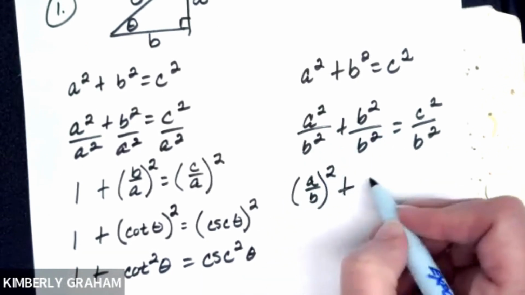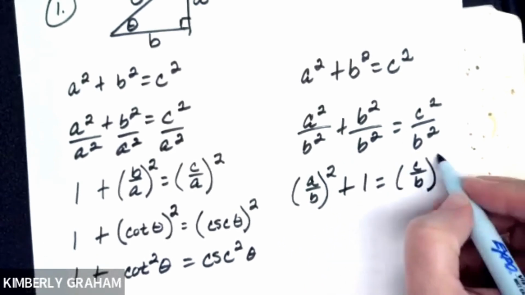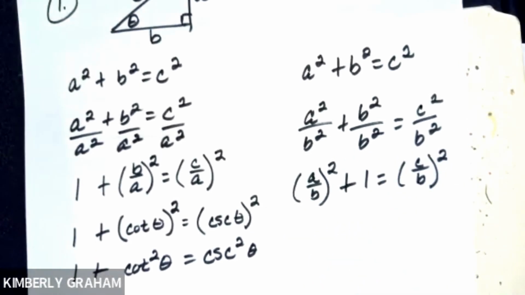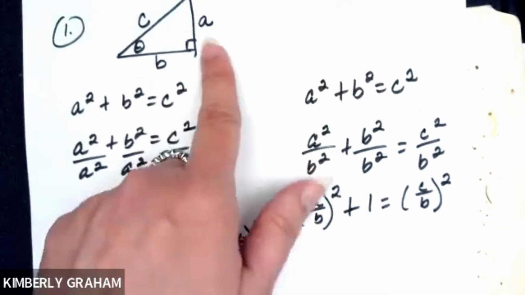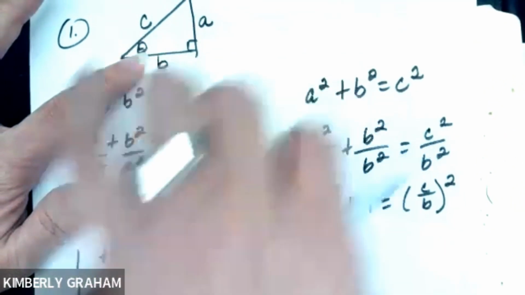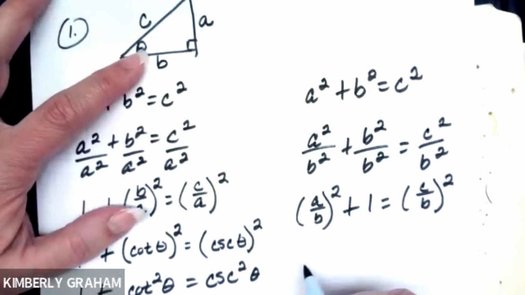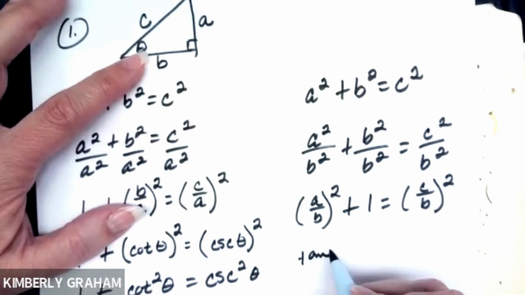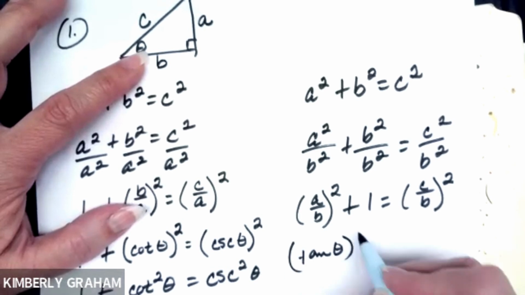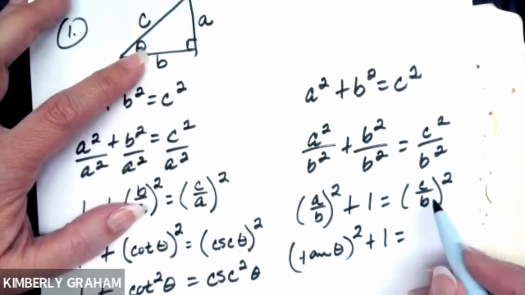B squared divided by b squared is 1. And this is c over b squared. So a over b, opposite over adjacent, is tangent. So this is tangent of theta squared, and then plus 1.